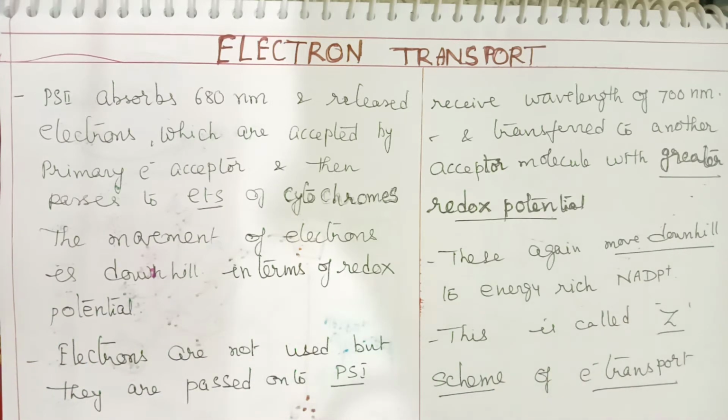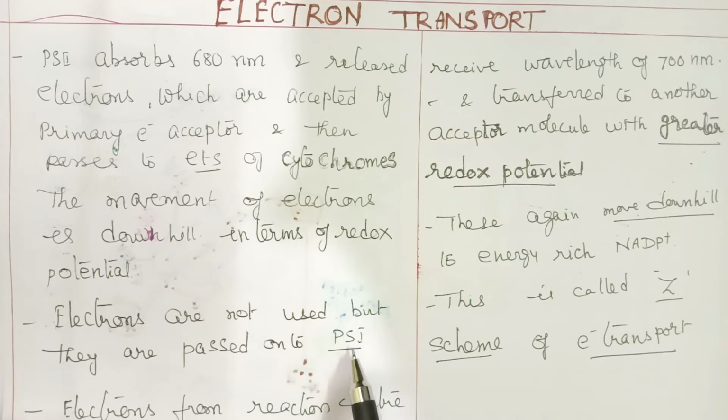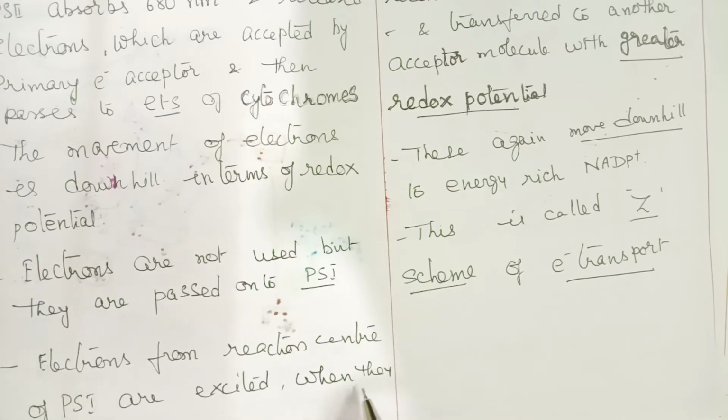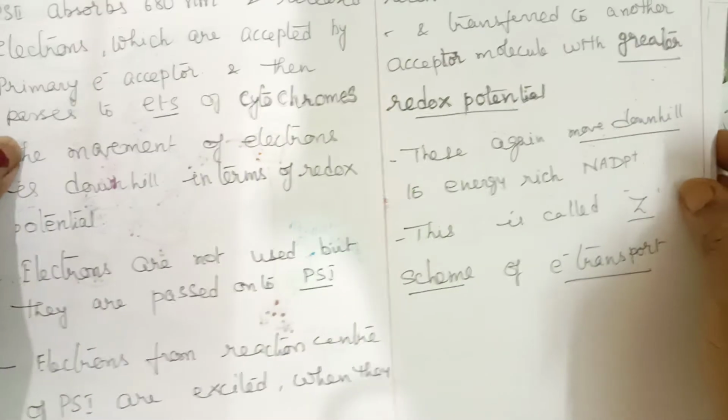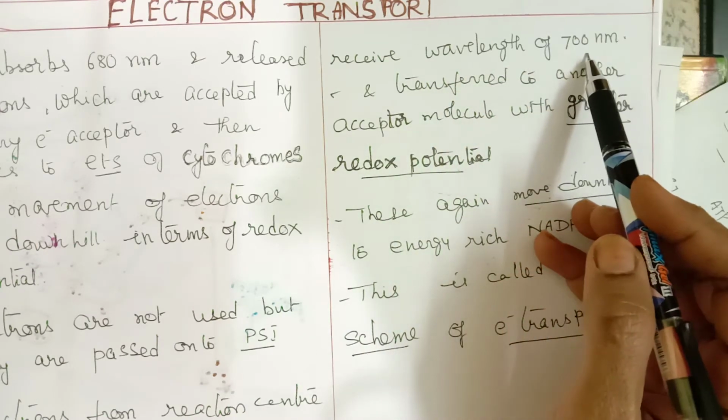This I am going to show diagrammatically. The electrons are not used in the process but are passed on to photosystem 1, and electrons from the reaction center of photosystem 1 are excited when they receive 700 nanometers.